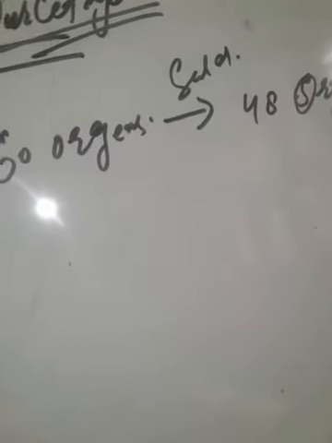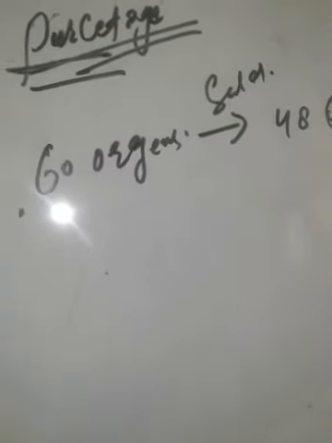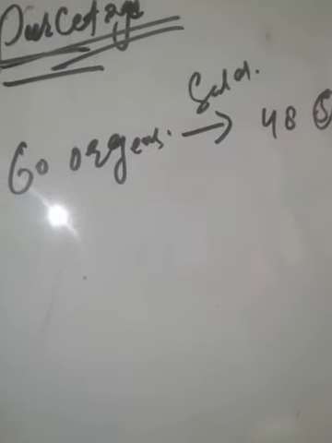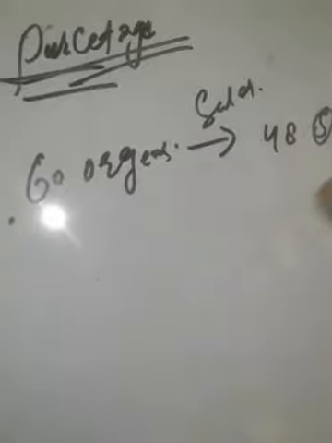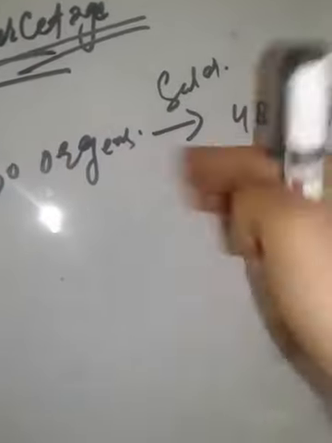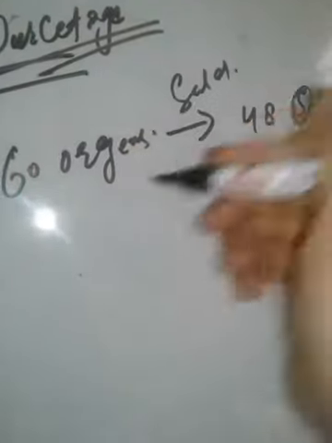Now the question arises: if he had 100 oranges with him, according to this situation, how much would he have sold then? We will do this in a very simple way through the unitary method. For 60 oranges, he sold 48.